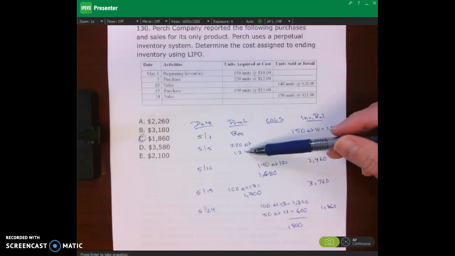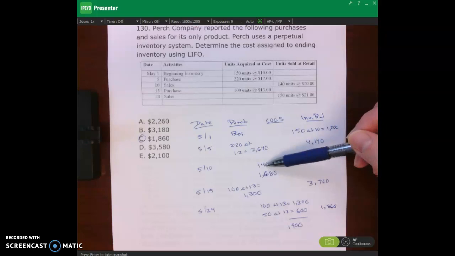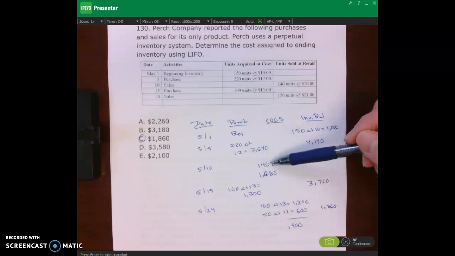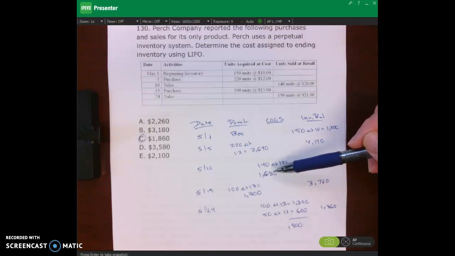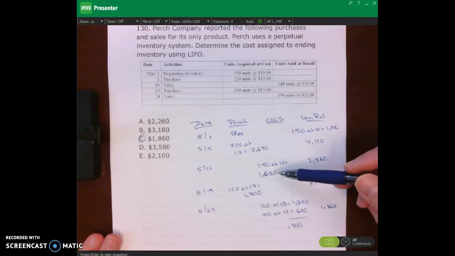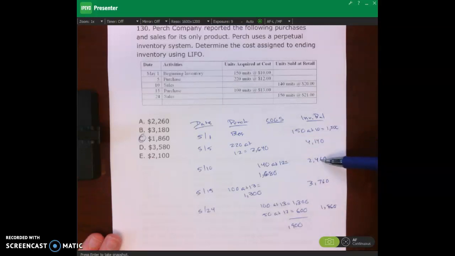So that's the $12. We sold 140 because we had 220, so we have enough at the $12. 140 times 12 gives us our 1,680 right there. Then we take our 4,140 minus our 1,680, which gives us our inventory balance on the 10th of 2,460.